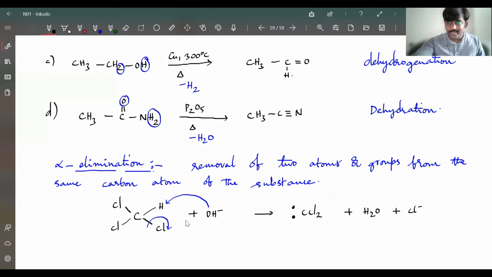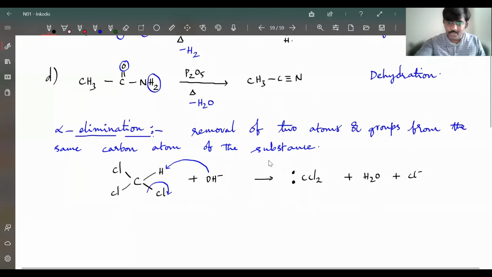This particular reaction comes under alpha elimination because two atoms, hydrogen and chlorine, are removed from the compound, and both of them are from the same carbon itself. So these kinds of reactions are called alpha eliminations.